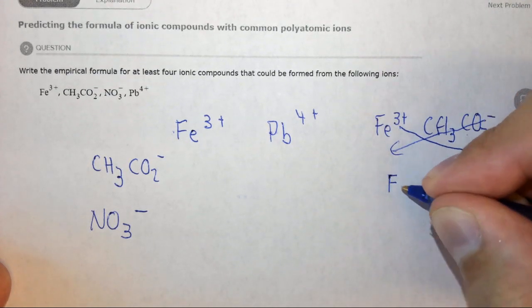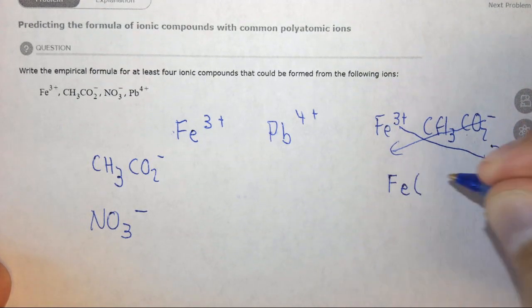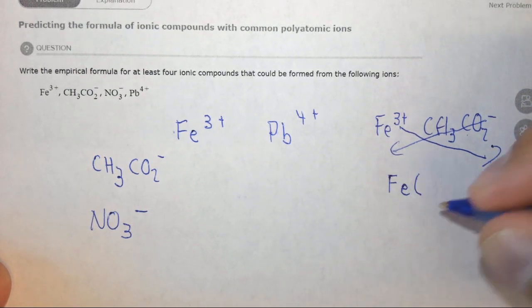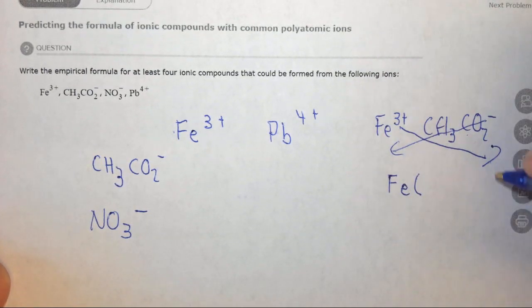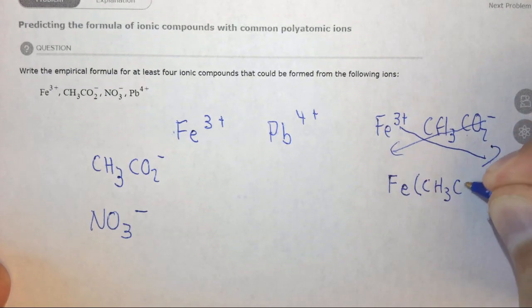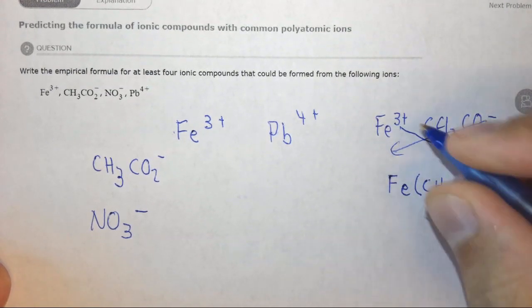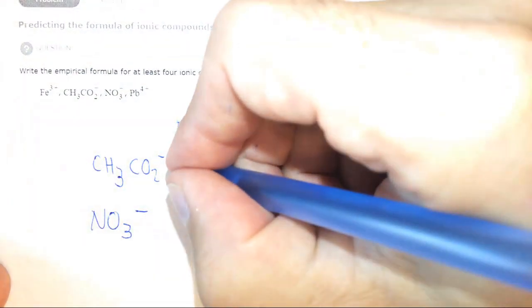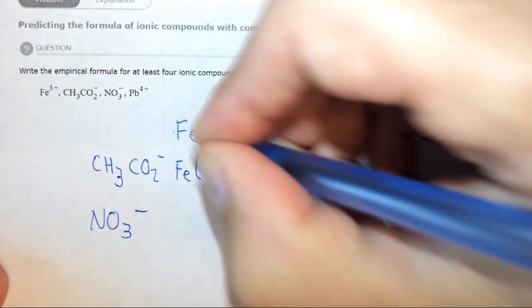So here you're going to get Fe, and the subscript is 1 because we brought the 1 down for the -1 charge of acetate. Then we're going to need 3 acetates, so CH3CO2 in parentheses 3. So we do put the polyatomic ion in parentheses, and I'm just going to rewrite that over here.